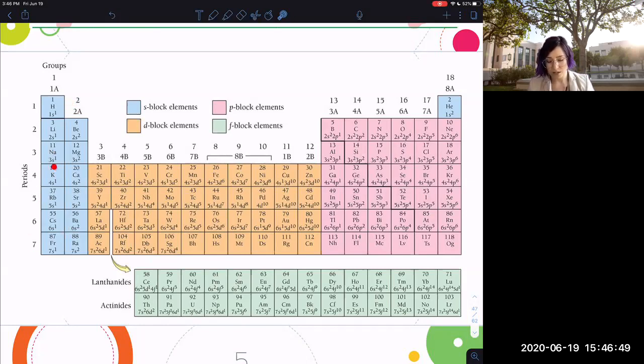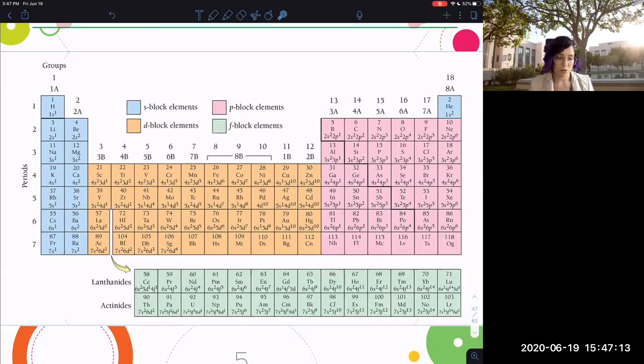The last electrons in these elements go into that spherical s shape. The last electrons for these elements go into one of those dumbbell shapes. The last electrons in these elements go into that more complicated shape, and these are really crazy down here. So you've got your s, p, d, and f blocks, and you can use them as a guide.